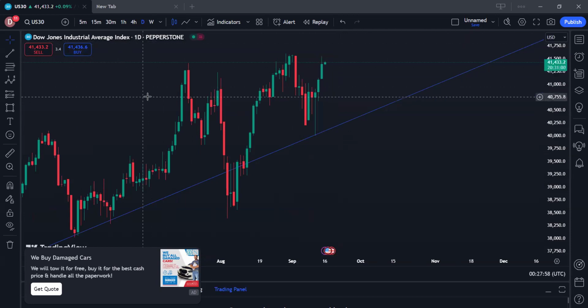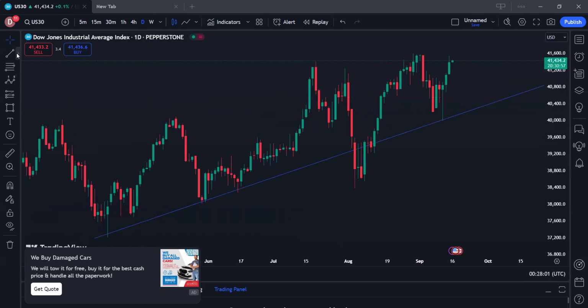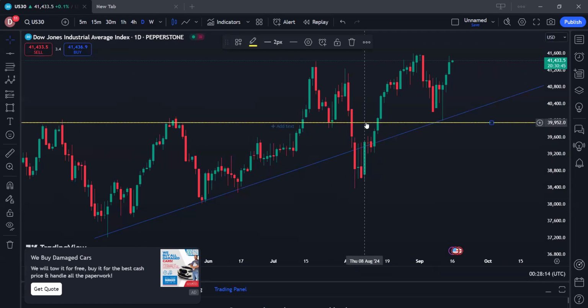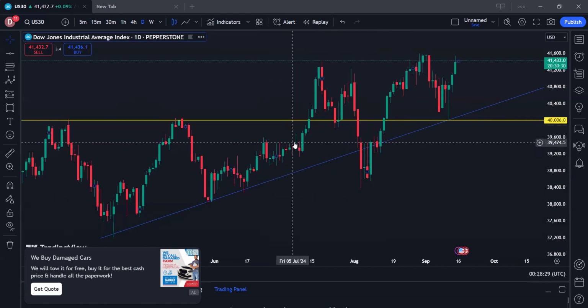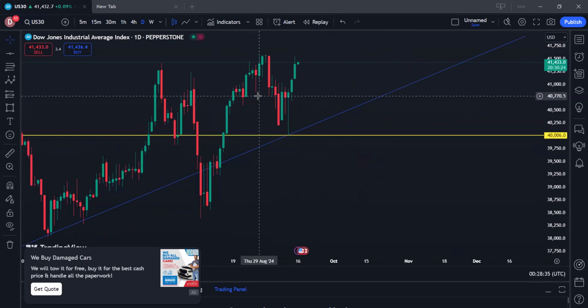So now if we just put in our support and resistance areas on the horizontal line, this area, that area, this area as well.